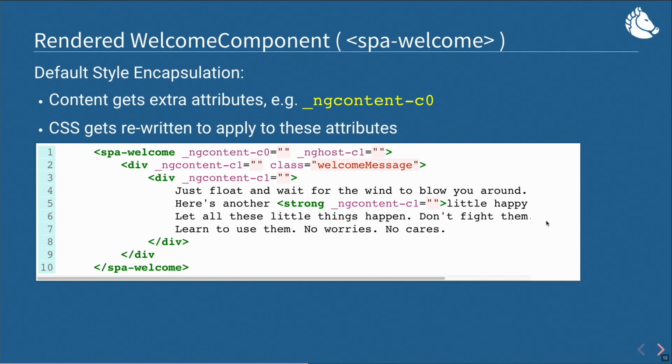So nodes get these attributes, and then the CSS gets post-processed to apply only to those attributes. And that's how you get your encapsulation. Vue is doing the same thing. I'm not sure what React's way of doing that is, but it's probably similar.